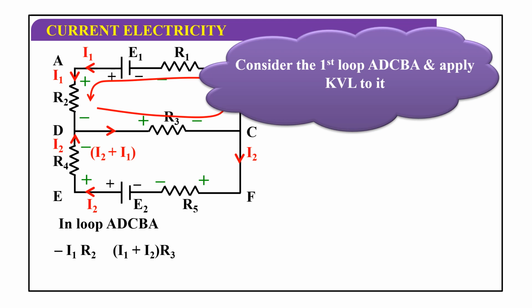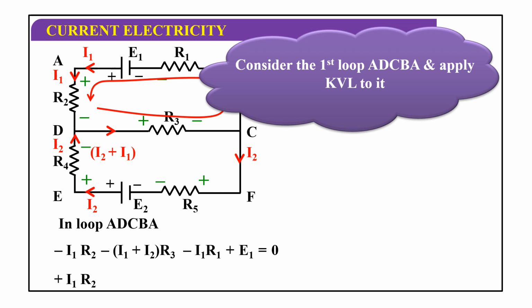Then the sum of I1 and I2 multiplied by R3 is also negative. Then I1 R1 is also negative. Now this should be plus E1 equal to 0.